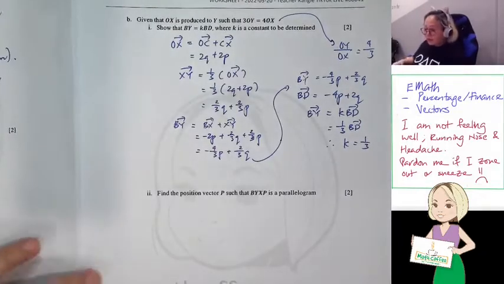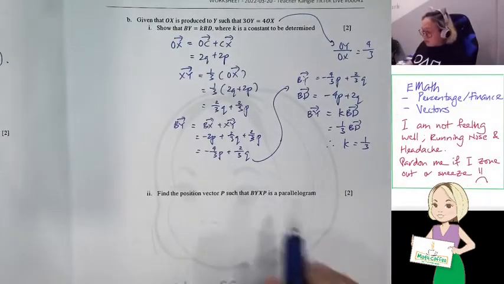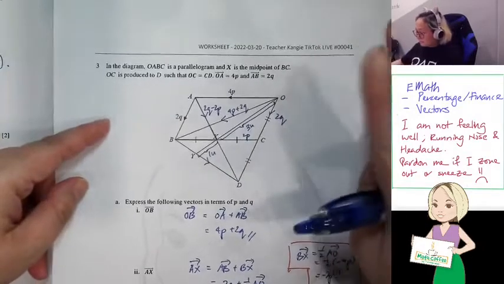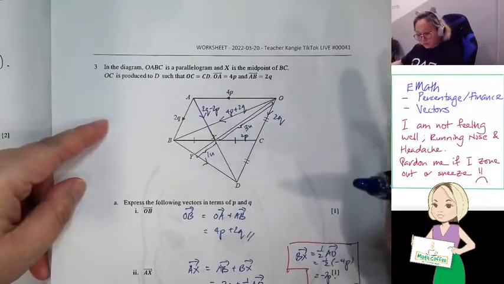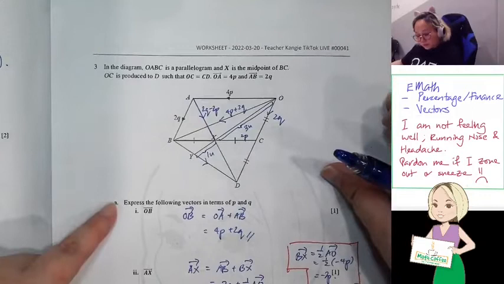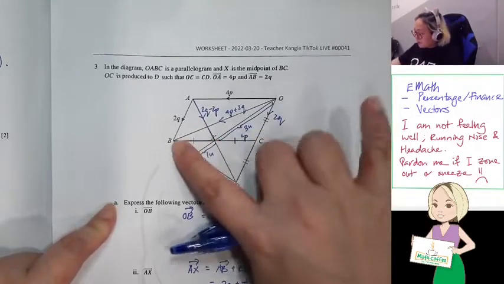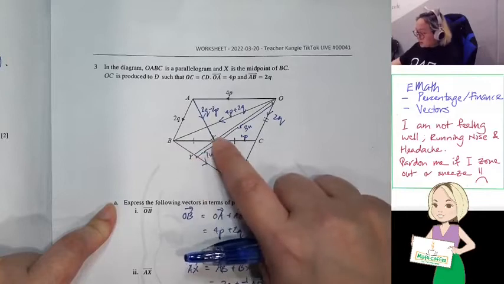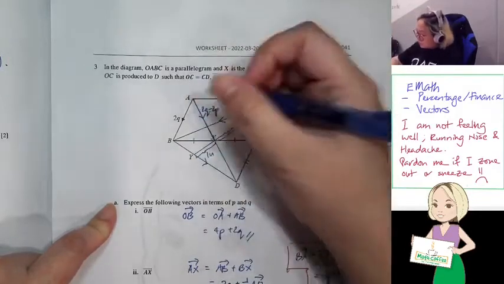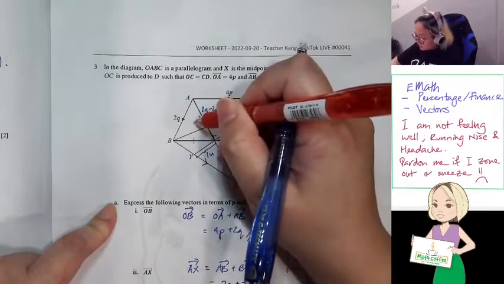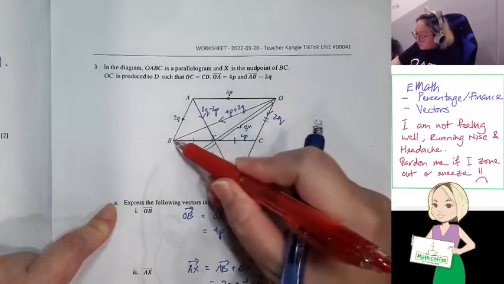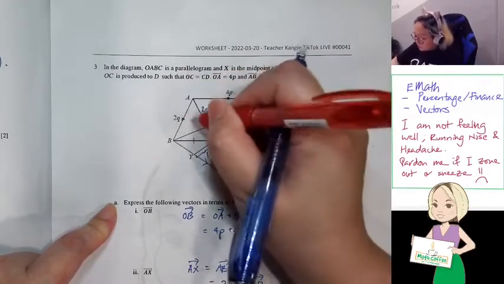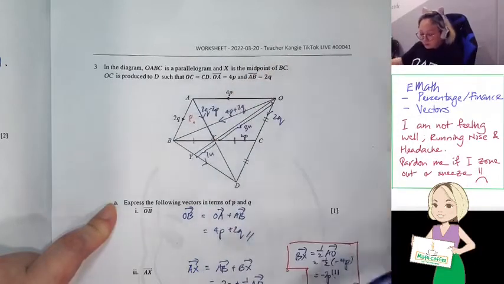Same thing, if I look at the diagram, they said BYXP. So we don't know where P is, so I'm going to just put a dot here. We have to follow the flow, BYXP. So we know P will be somewhere here. Okay?